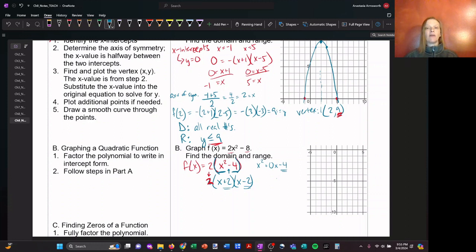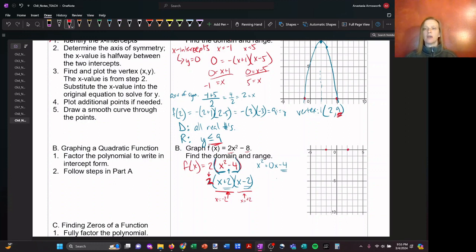All right, now that I've written this in factored form, I can follow the procedure that I did above to graph the parabola. According to this factor here, my x equals negative 2. So I'm going to have an x-intercept at x equals negative 2. And from this one, I'm going to have x equals positive 2.